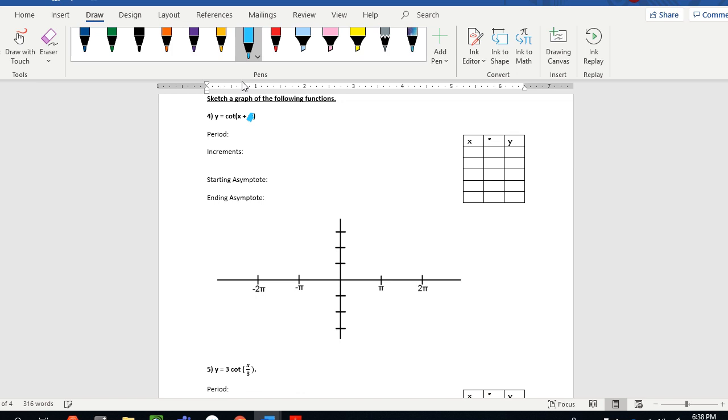Let's do +1. That's the only thing that's going to change on this one. So if we have cotangent, it goes between 0 and pi. There is no b here, so we're fine. Our period is pi. Halfway between is pi over 2, pi over 4, and 3 pi over 4.